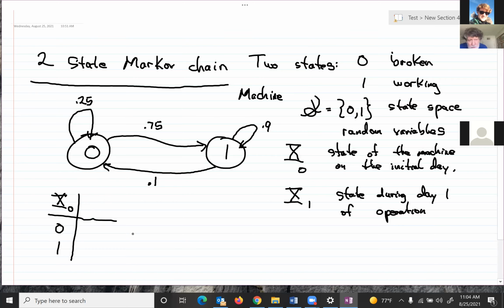And let's assume something about this. Let's assume the probability that x naught is equal to x. These are the values here that this takes. Let's assume, what did I assume? Let me see.